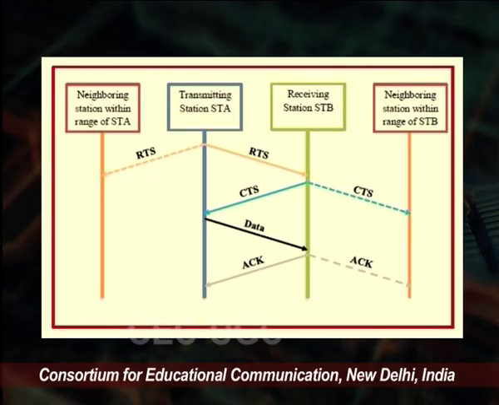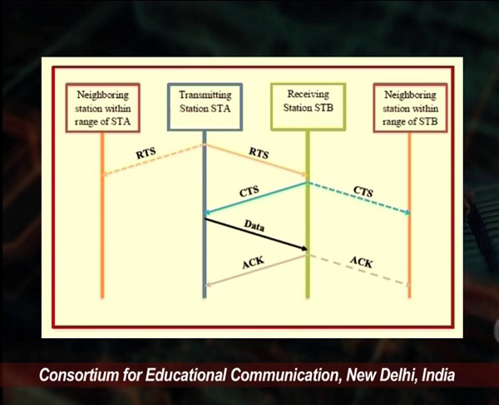So, here is a figure which depicts this RTS CTS procedure. Station A sends a request to send, that RTS is sent to B, and then B replies with the CTS, which is shown in blue color.